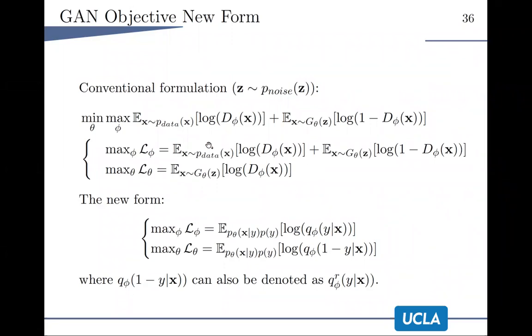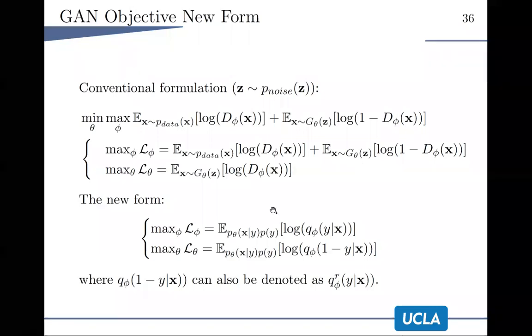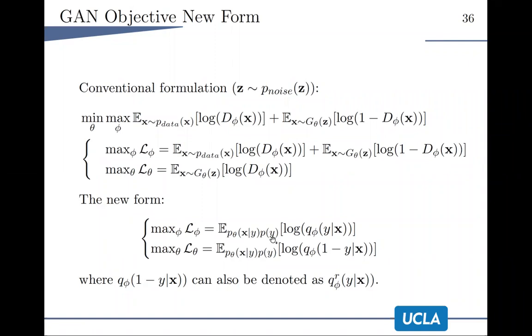I think it's because we get rid of the difference between x sampled from the synthetic data or x sampled from the real data. We somehow use y as part of the parameters of this model, so it's just rewriting it into a new form.